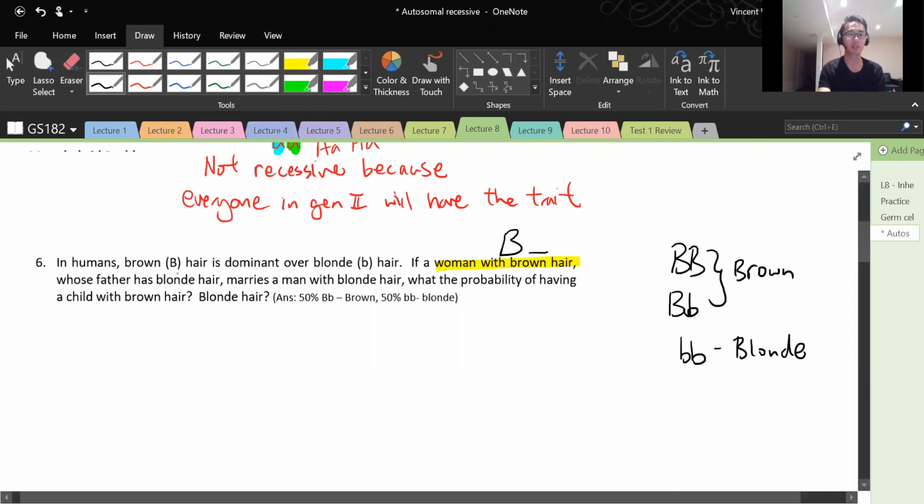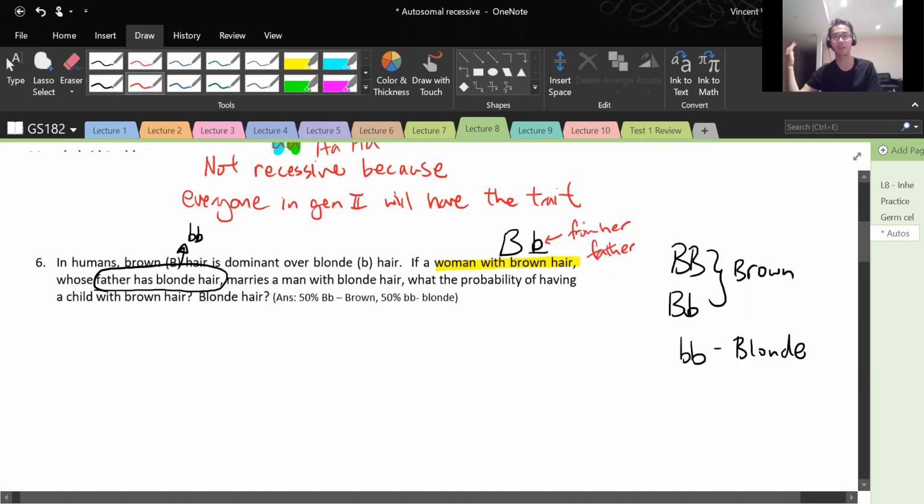Well, fortunately, we know something about her father. Her father has blonde hair. So that means the woman's father is small b, small b. So he can only pass on the small b to his daughter. This small b is from her father.